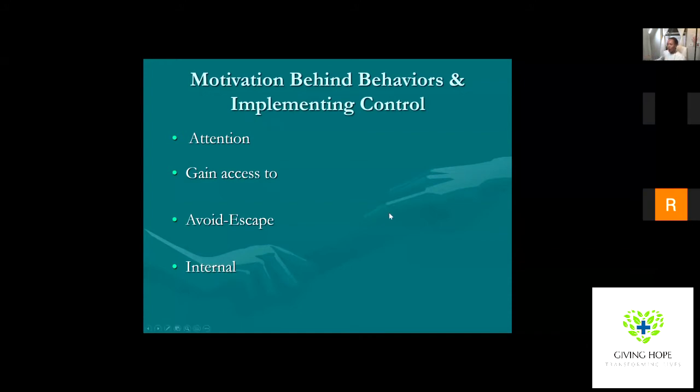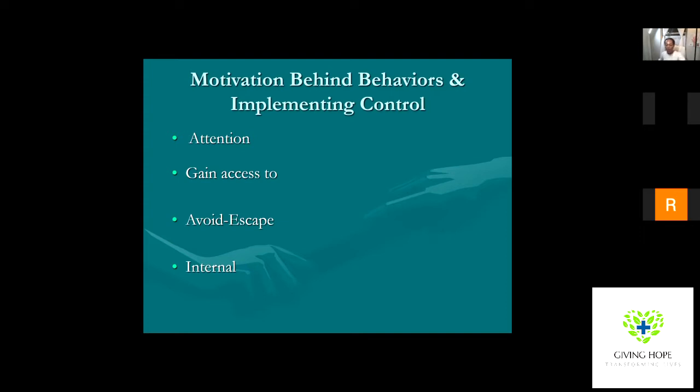So what I want to talk about today is motivation. With any form of behavior, anybody that is yelling, anybody that is calm and relaxed, anybody that is expressing themselves, there's always a motivation behind behaviors.